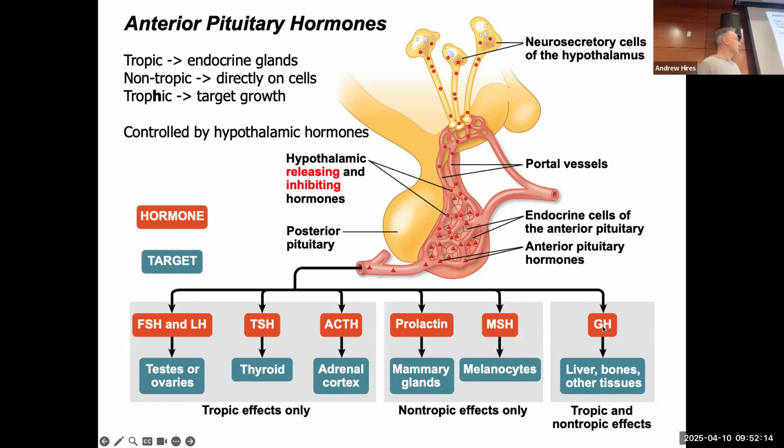Somatotropes are going to be under control of somatotropin, a hormone that's going to promote the release of GH, as well as somatostatin, which is produced by distinct cells within the hypothalamus and is going to inhibit the release of GH. So somatotropin increases activity.